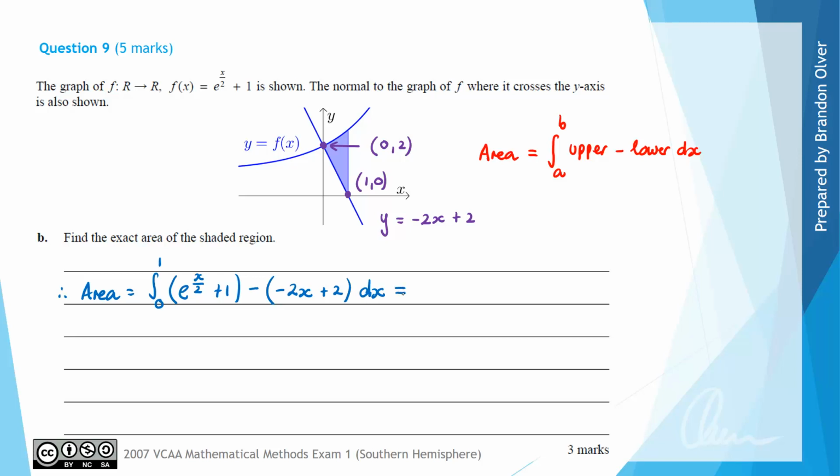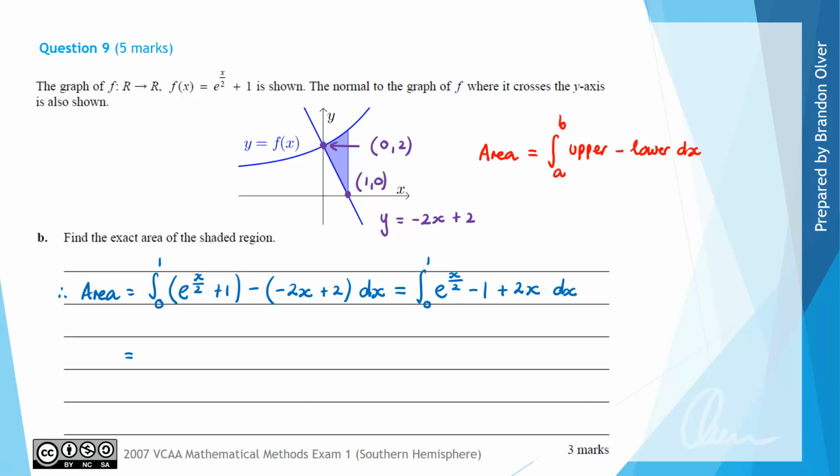Simplifying this, we find that it's the integral between 0 and 1, and if we do the subtraction, we have e to the power of x on 2, and then plus 1 and minus 2 would give negative 1, and then subtract negative 2x would give positive 2x dx.